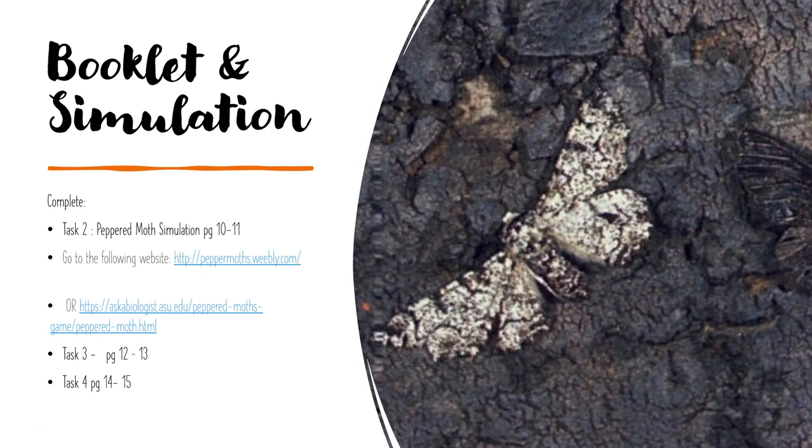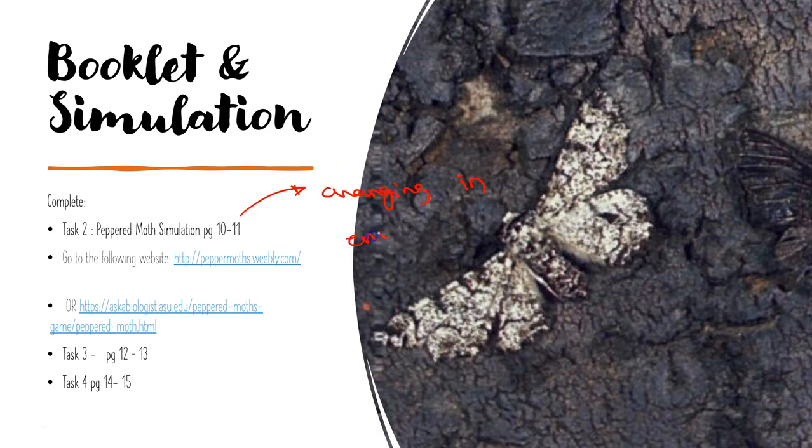So we can have a look at this, looking at the peppered moth simulation, which you will do as part of our class activities. This is due to a change in the environment due to pollution.